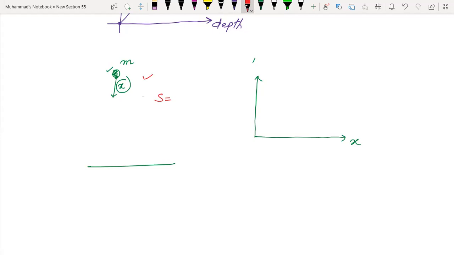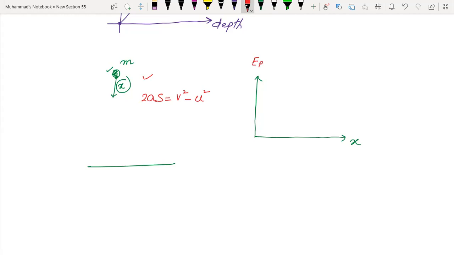You use this equation, 2AS is V square minus U square. As U is 0, so potential energy, the distance, we are going to find the potential energy graph versus distance.